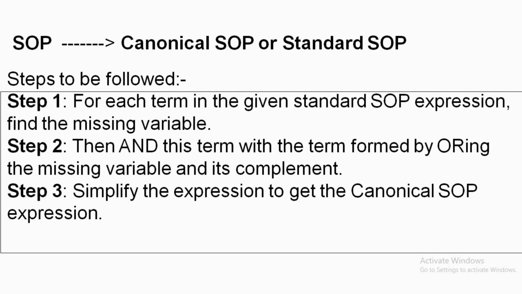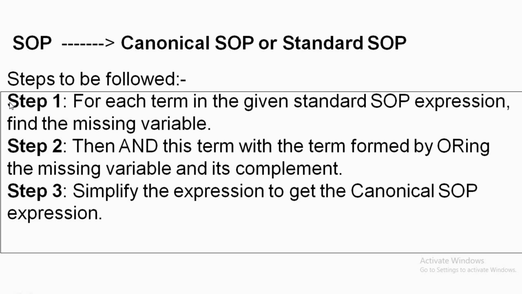Now we will see conversion of standard SOP form to canonical SOP form. There are some steps that we have to follow and then we can convert standard SOP form to canonical SOP form. First step, for each term in the given standard SOP expression, find out the missing variable.